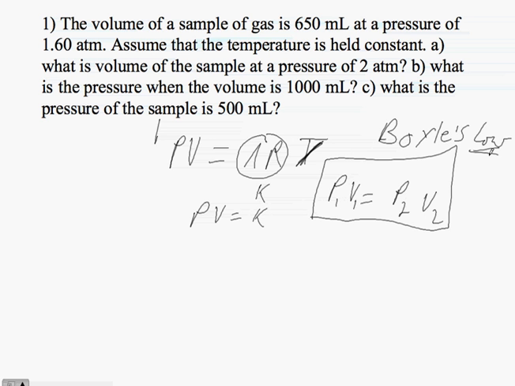So when we're reading this equation, we need to do a couple of things. Label the equation as we go along. We said the volume of a gas is 650 milliliters, so that V1 is equal to 650 milliliters.